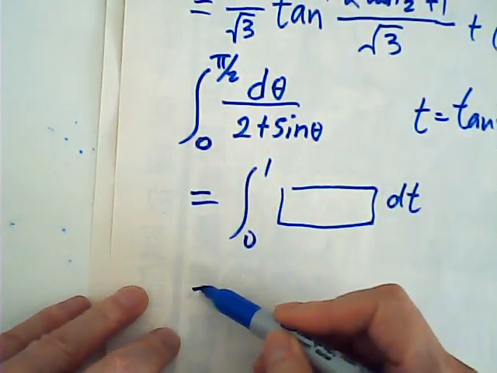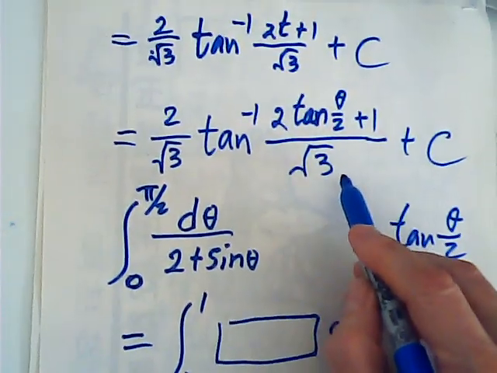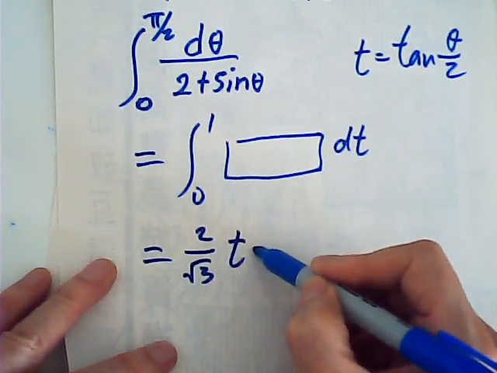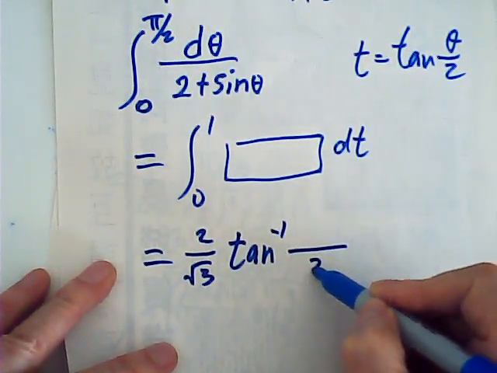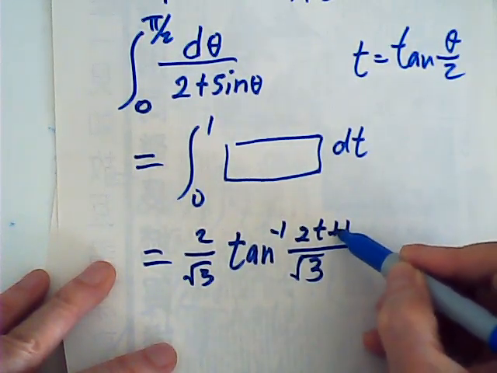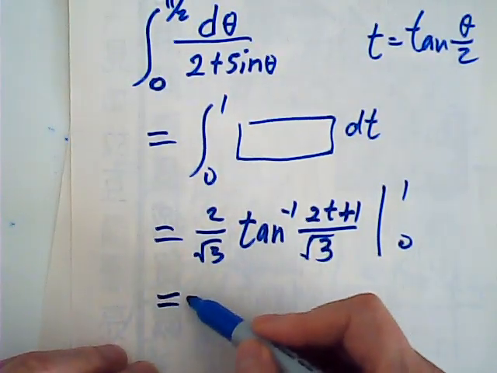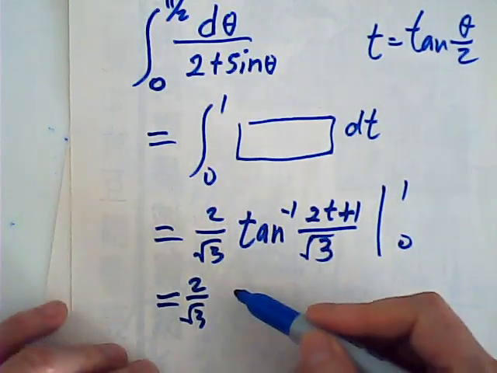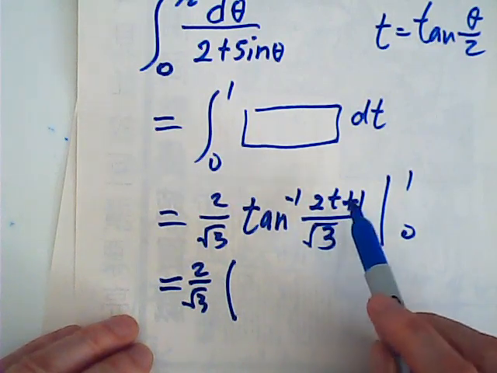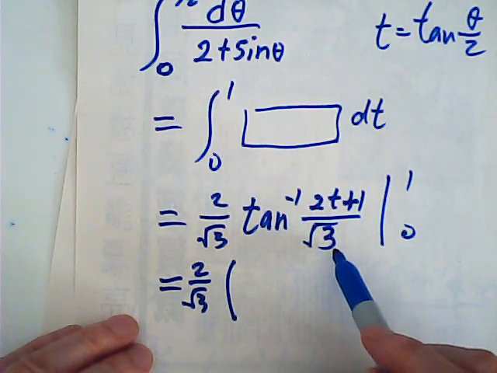So after integration, we don't have to go back to theta. We just use t to finish: 2 over root 3 arctangent of (2t plus 1) over root 3, from 0 to 1. Then this is equal to, when t is equal to 1, what is it? 3 over root 3 is root 3.